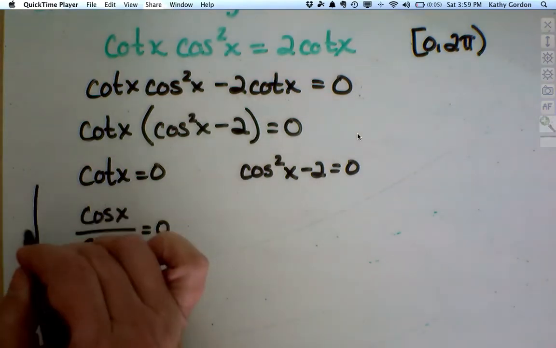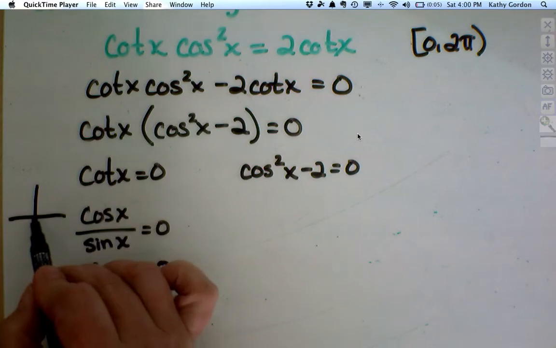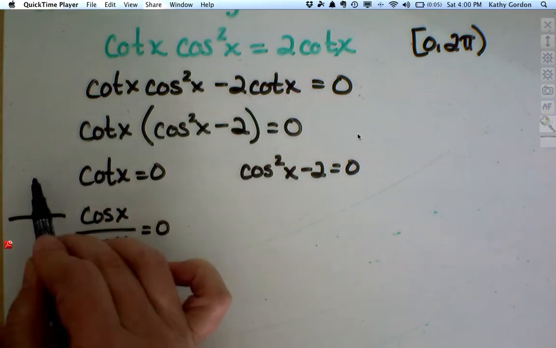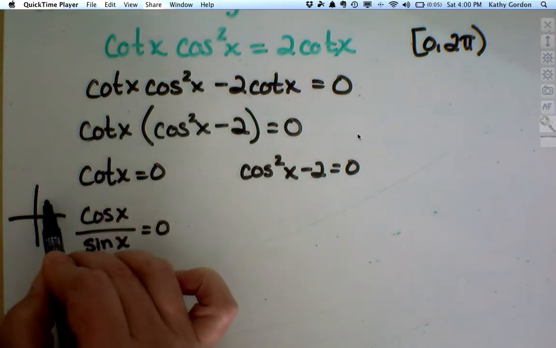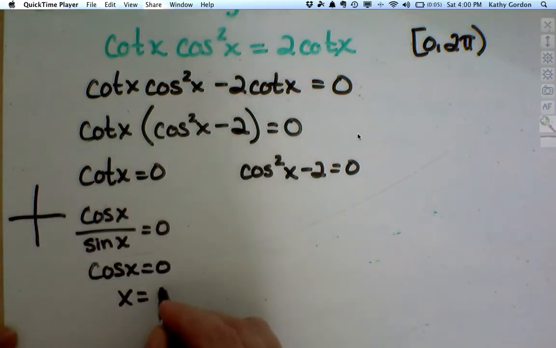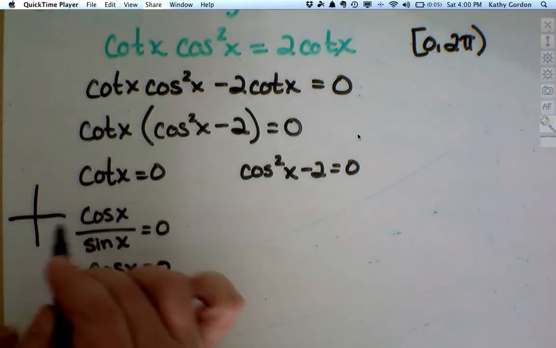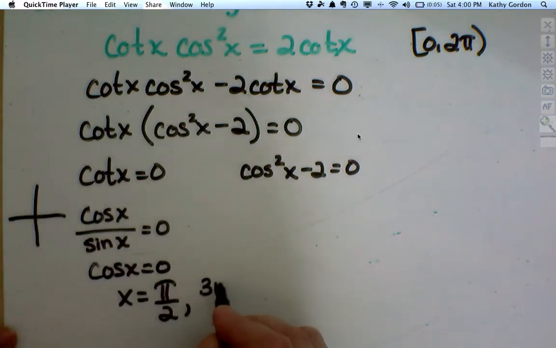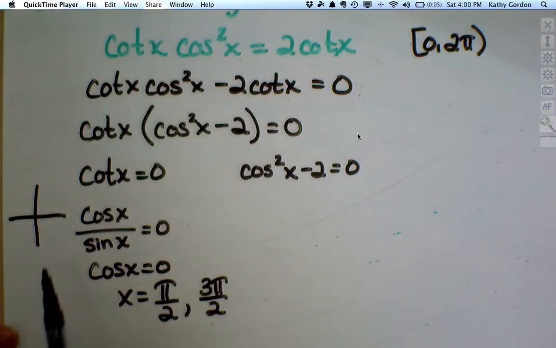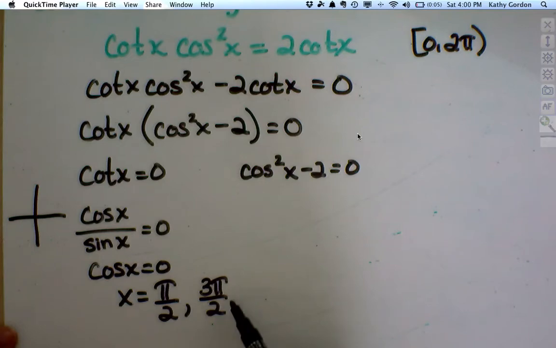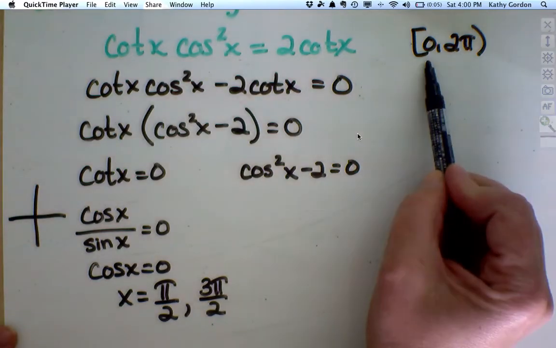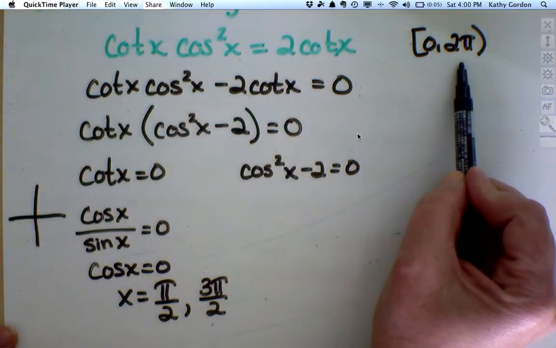So cosine is x, means we need to be on the y-axis. That means an angle of pi over 2 and an angle of 3 pi over 2. Okay? And we don't need to add the multiplier on because we are just staying within this interval of 0 to 2 pi.